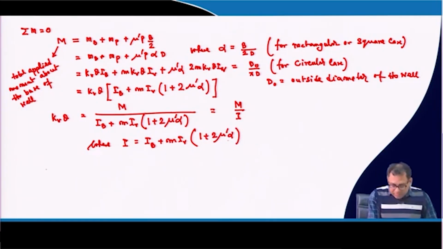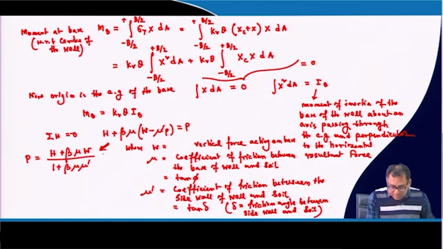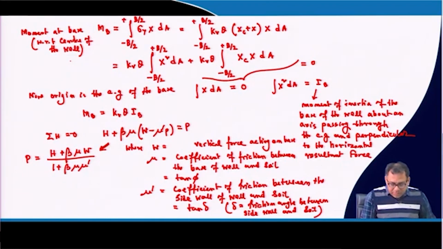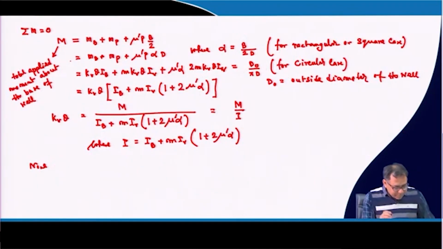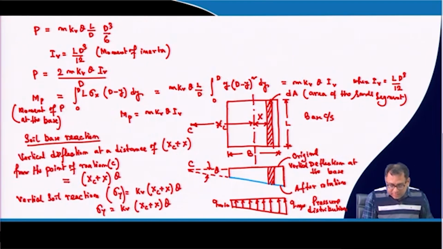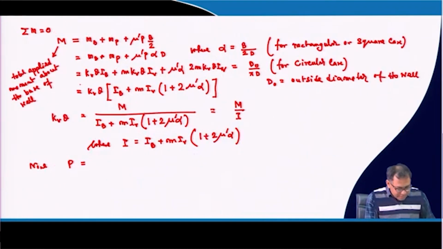Okay. So, now we have two expressions of P. This is one expression of P and this is another expression of P. So, now we are using that expression, that P is equal to 2 m kV theta IV divided by d.